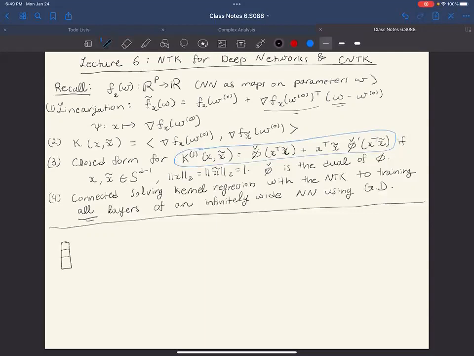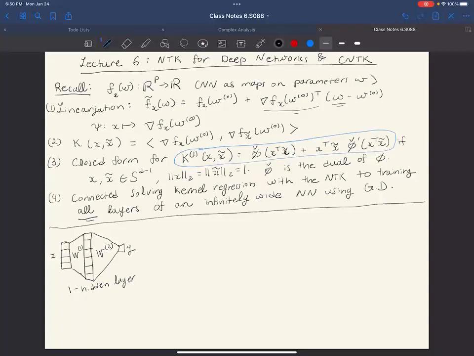Remember that before I pictorially drew what a fully connected neural network looks like. For one hidden layer, it looked something like this. Remember we had our matrix, before we called it B and A. In this lecture, I want to call it W1 and W2. So we had a matrix W1 and W2, and this was a one hidden layer network.